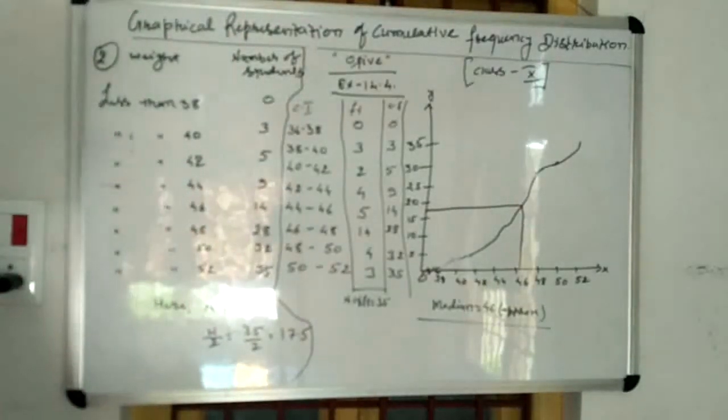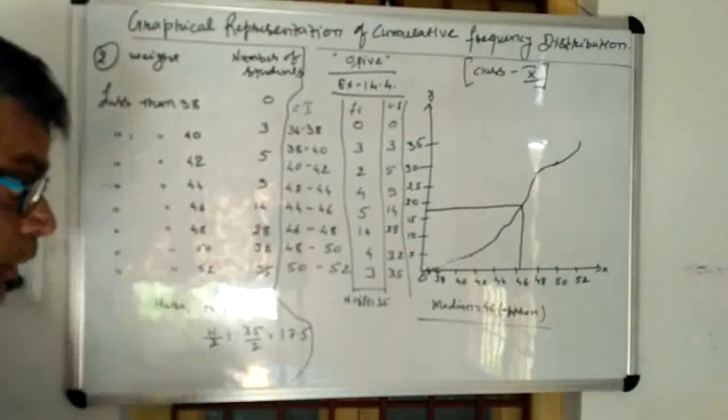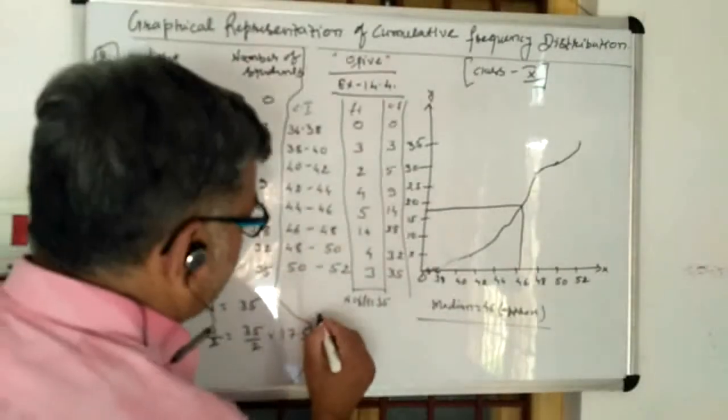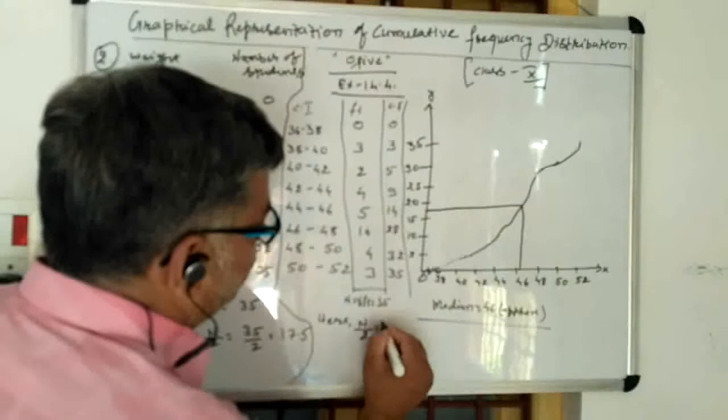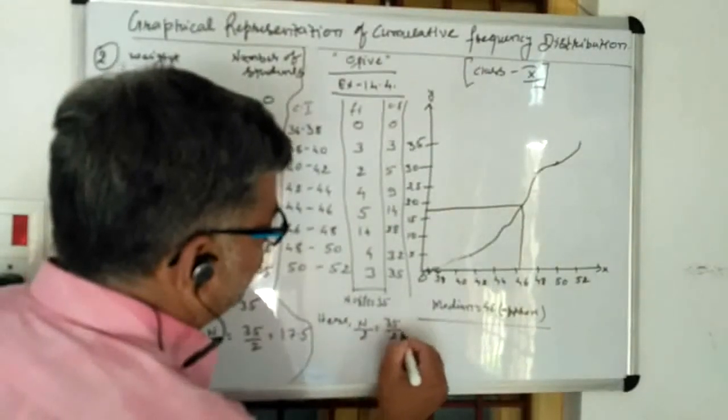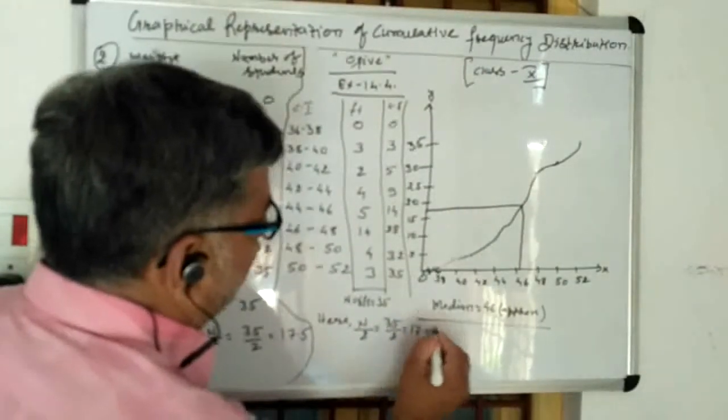Now children, we have to find the median of it. So here again you calculate n by 2. N by 2 will be 35 by 2, which is 17.5.